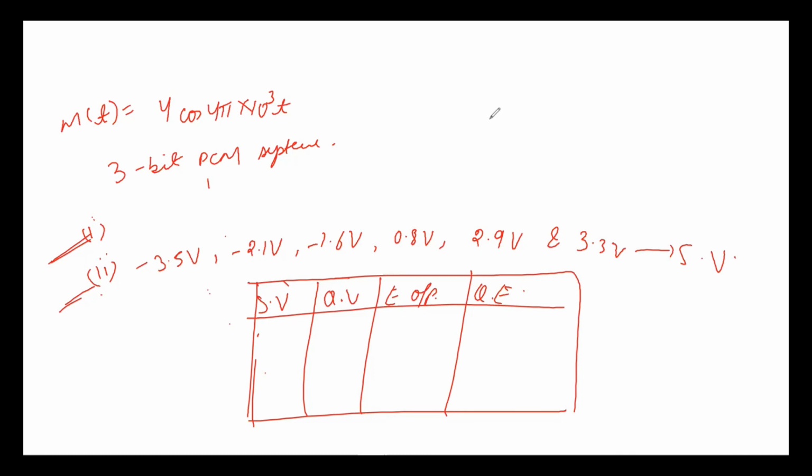Find the corresponding quantization and encoder values, and also quantization error. Is the question clear to all of you? Now please solve. First bit is very easy. All of you know how to solve. The main thing is to solve the second bit.